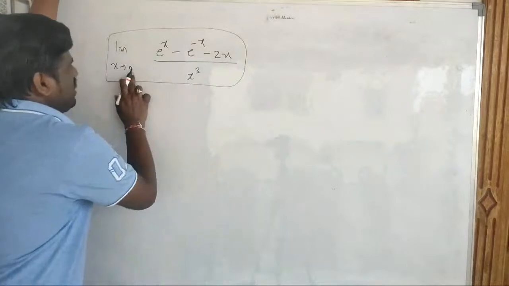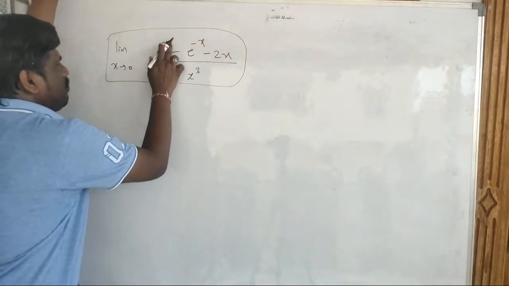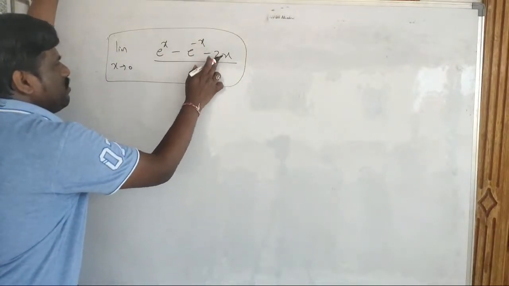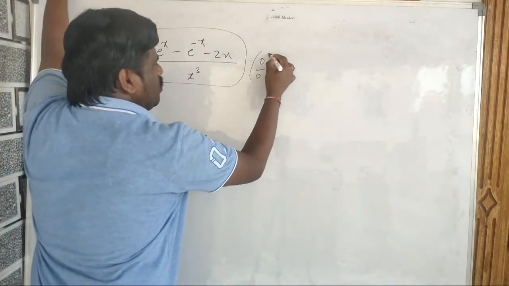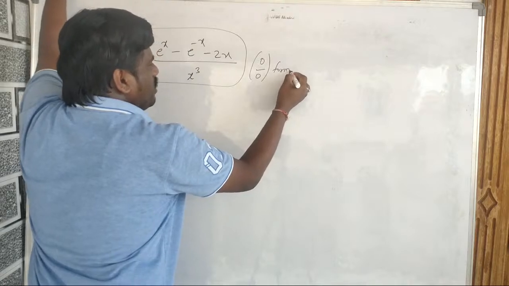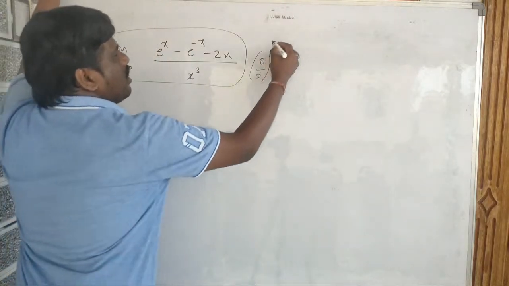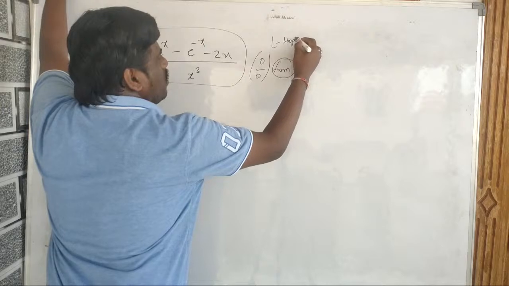One method: if I substitute 0 in this, e power 0 minus e power 0 minus 2 into 0, this is 0 by 0 form. When you get 0 by 0 form, you have to use L'Hopital rule.